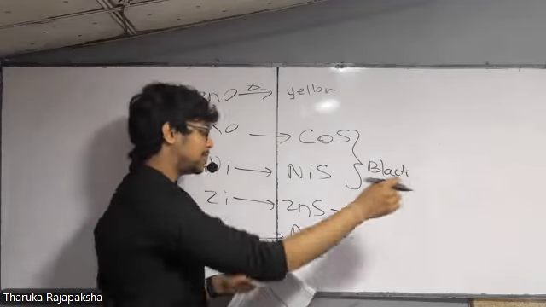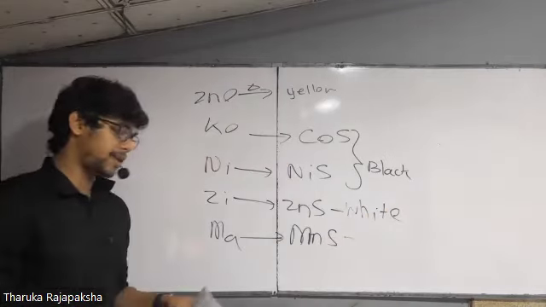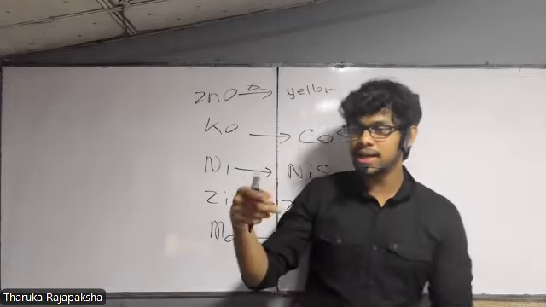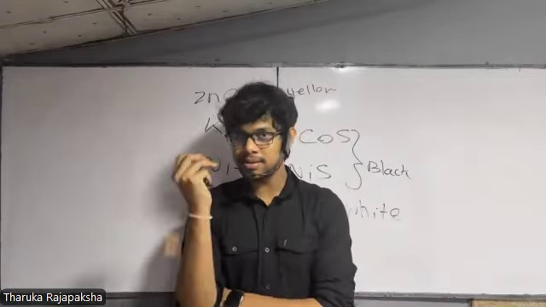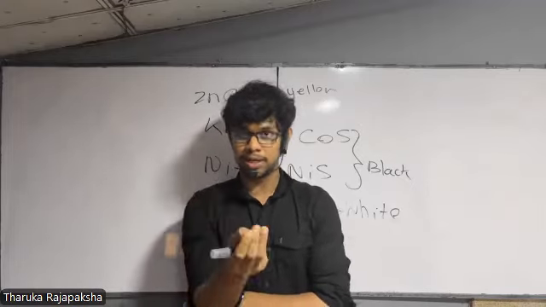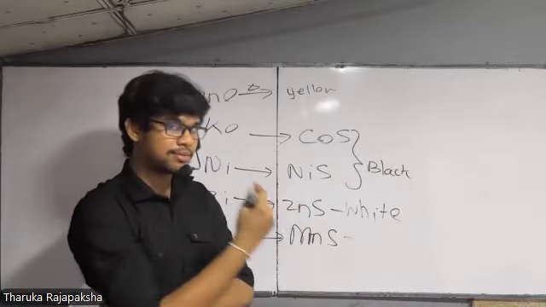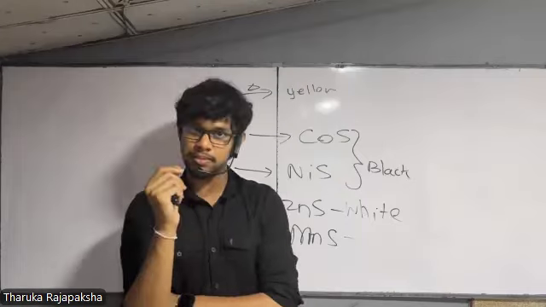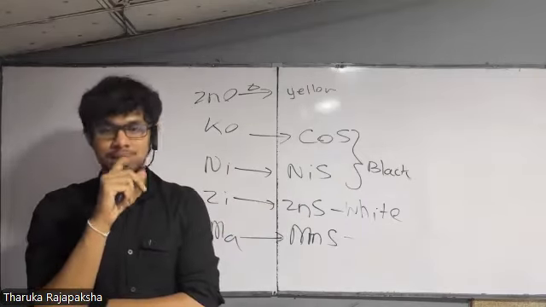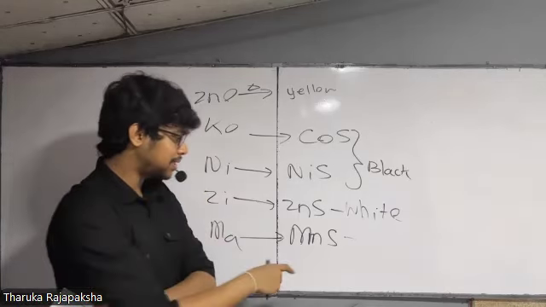So zinc 2 plus is white color. Manganese sulfide: when you learn D block, you will learn that manganese is a cation which represents females, especially cobalt also. Cobalt shows that female nature, and manganese also shows it a little bit. Cobalt 2 plus aqueous solutions are pink in color.